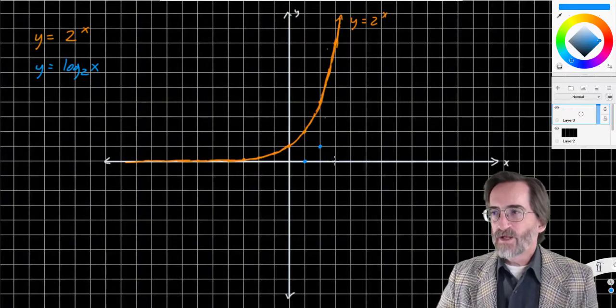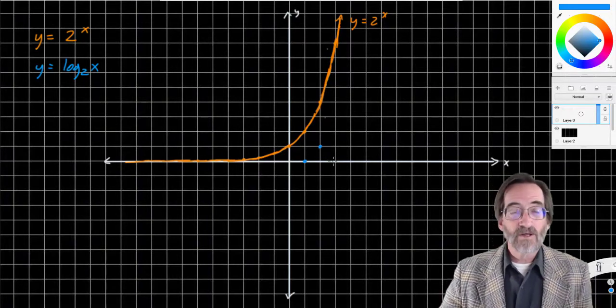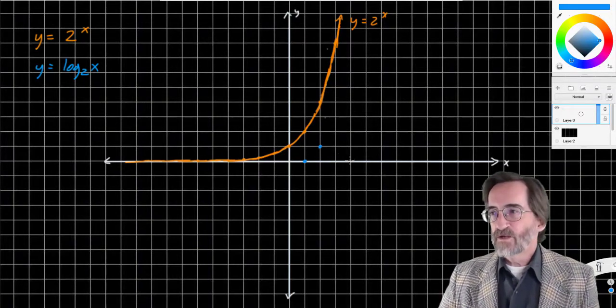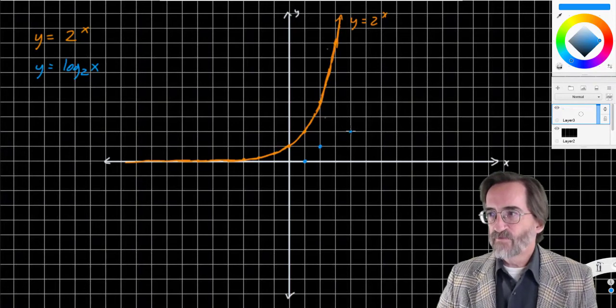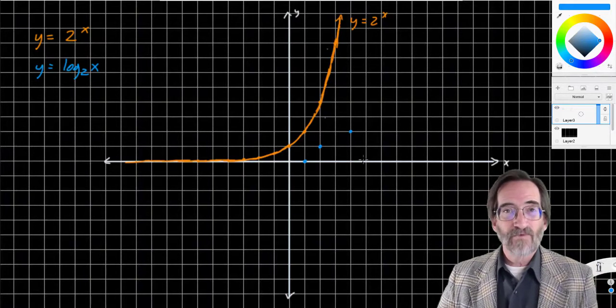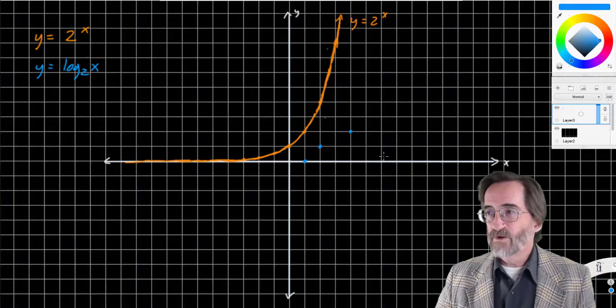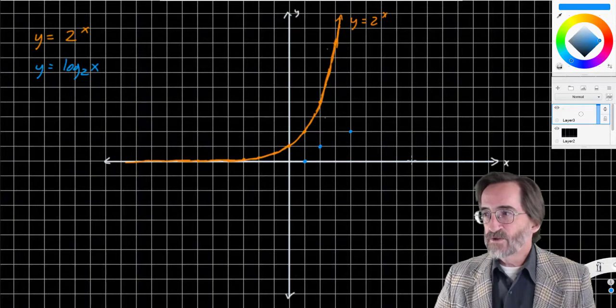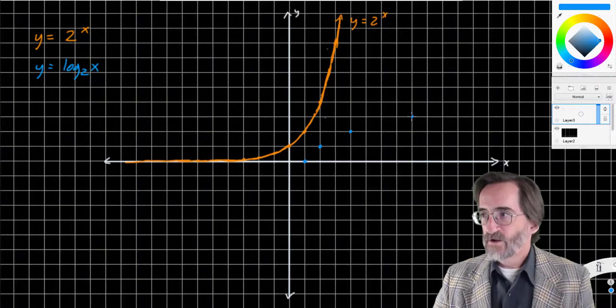Now I can't say 2 to what power is 3 very easily, but I could say 2 to what power is 4? 2 to the second power is 4. I can't say 2 to what power is 5 very easily. It's not a very nice number. But I could say 2 to what power is 8, and 2 to the third power is 8.